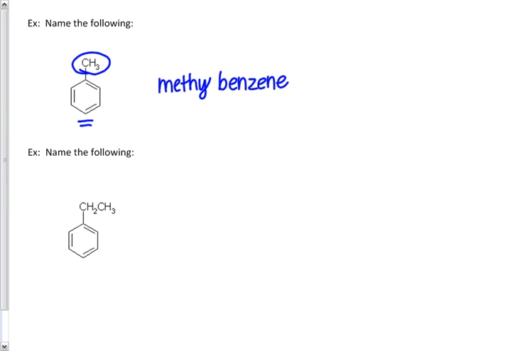We don't need to write a 1 in front of it because if it's the only attachment, it is assumed to be on carbon number 1. Similarly, that's how we would name this second compound here. This is an ethyl group, so this would be called ethylbenzene. Again, the 1 does not need to be stated because it's the only attachment given.